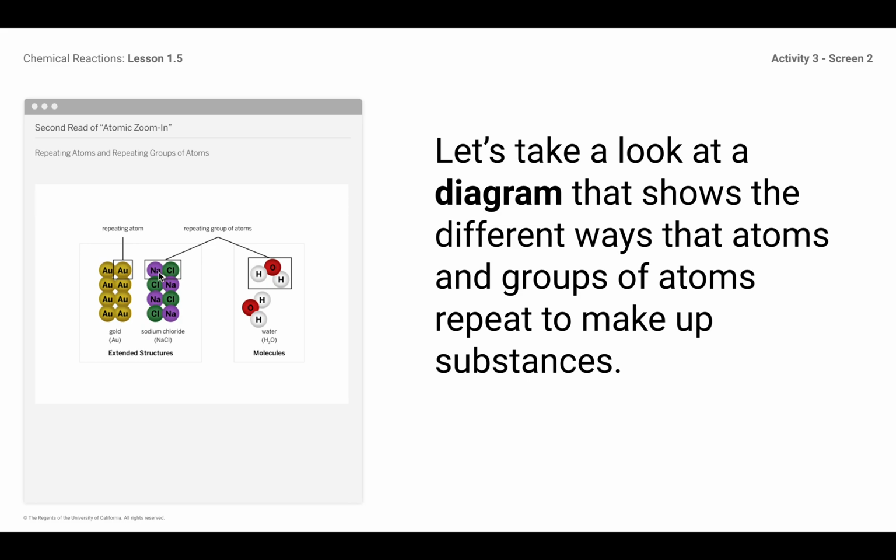And you can see that it's always 1 sodium, 1 chlorine. 1 sodium, 1 chlorine, 1 sodium, 1 chlorine. And I want you to notice the way that this kind of connects together. The sodium and the chlorine are always touching each other. So the chlorine never touches itself. But look at how all these atoms are touching each other. Same with the gold. They always touch each other.